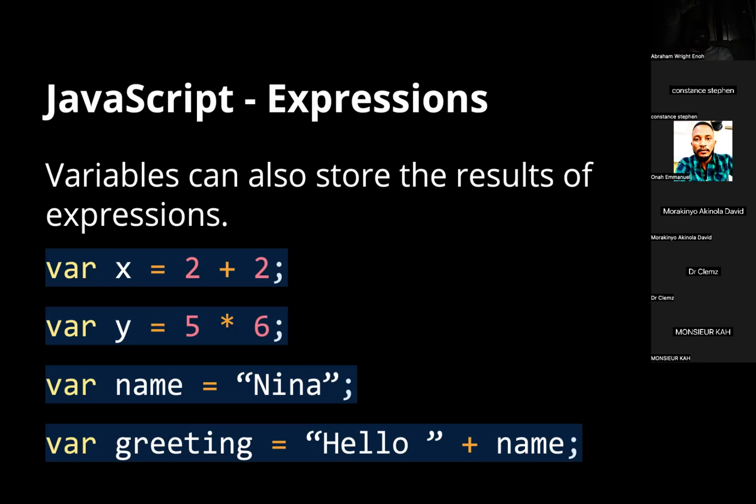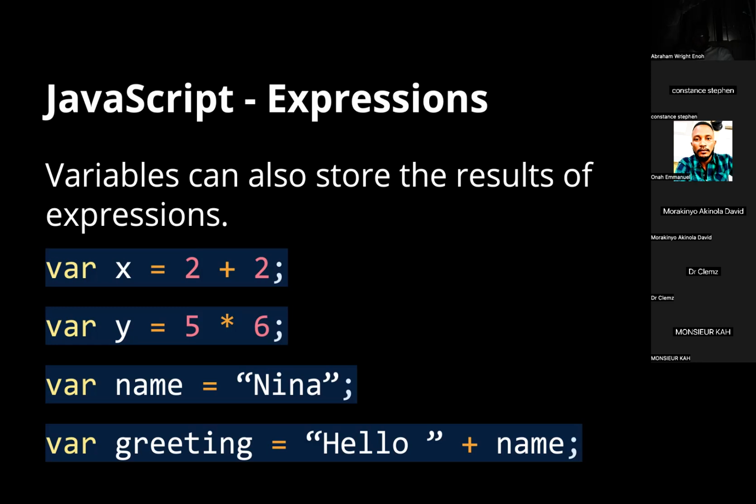The part that is equals to is an assignment of variable to value. But again, the part that says 2 plus 2 is an expression. So this expression is acting as a variable value, but it's an expression. Variable y is equal to 5 times 6. And variable name equals Nina, right?